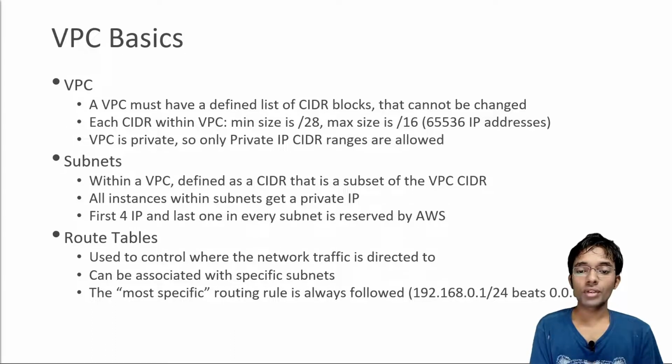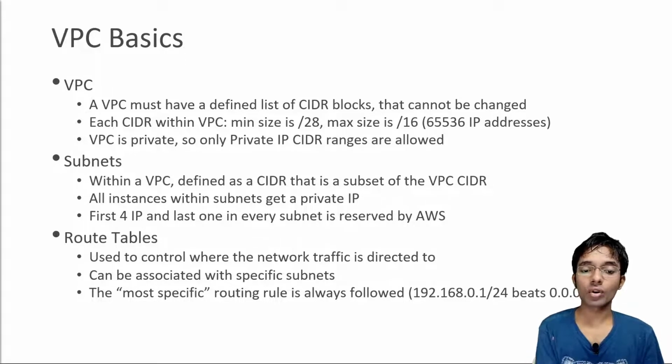Okay. Then we have route tables. Route tables are used to control where the network traffic will be directed to, and they are associated with specific subnets. So for going from one subnet to another, you need to use this route. This is what the route tables are used for.